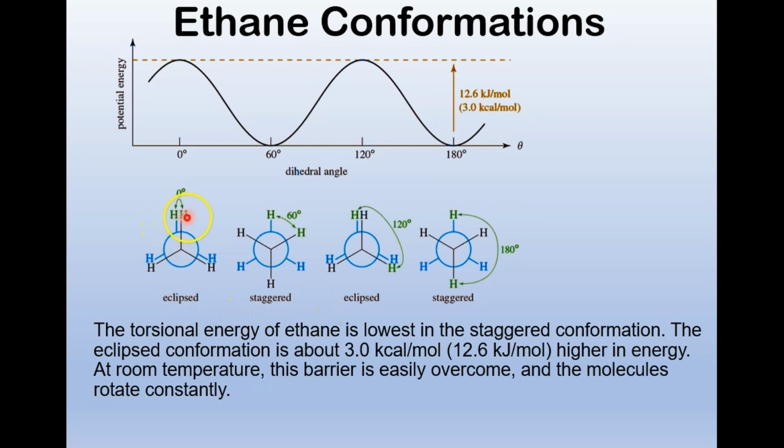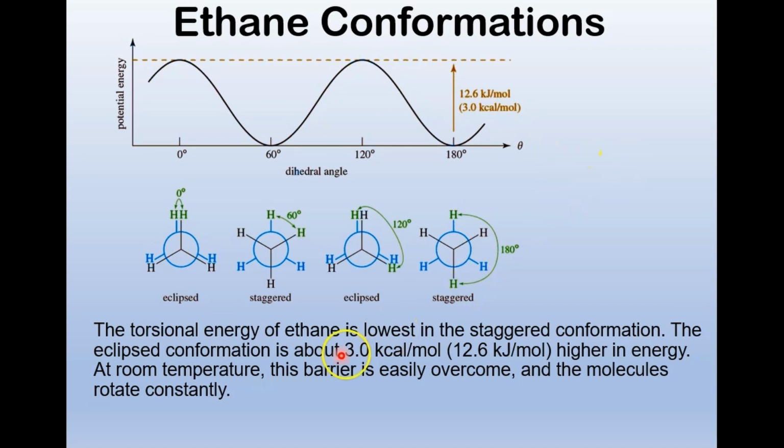So you saw me spin it, and I said the words eclipsed and staggered. And there's an energy difference. So here's potential energy, and you can see in the eclipsed position the molecule has more energy than the staggered position, about 12.6 kilojoules per mole.